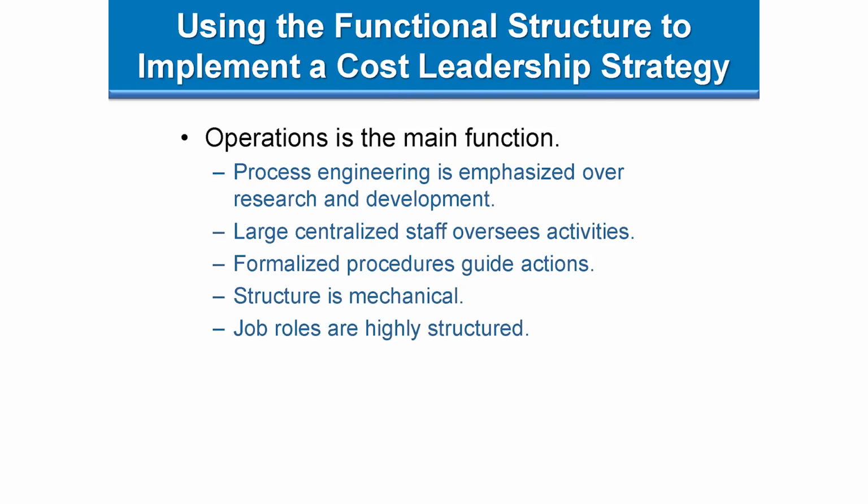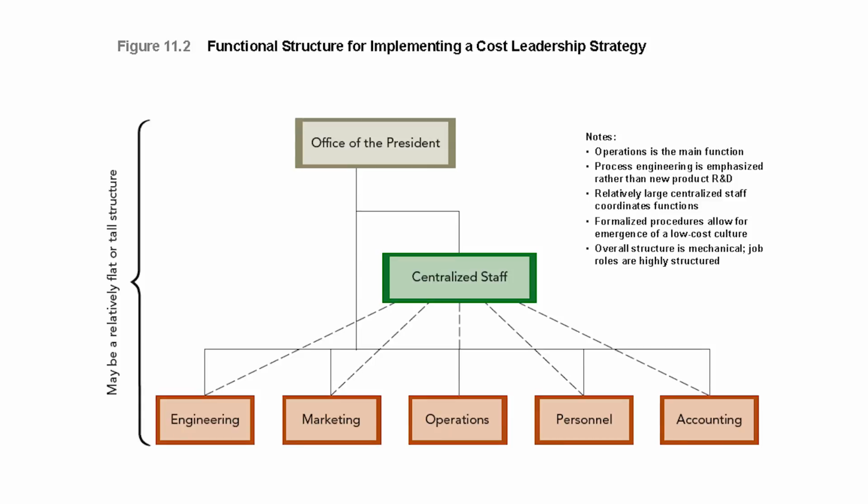First of all, the optimal functional structure to implement a cost leadership strategy needs relatively large centralized staffs who oversee the activities of individual units, and especially emphasizes the role of process engineers because operations are the main function rather than R&D and other units.